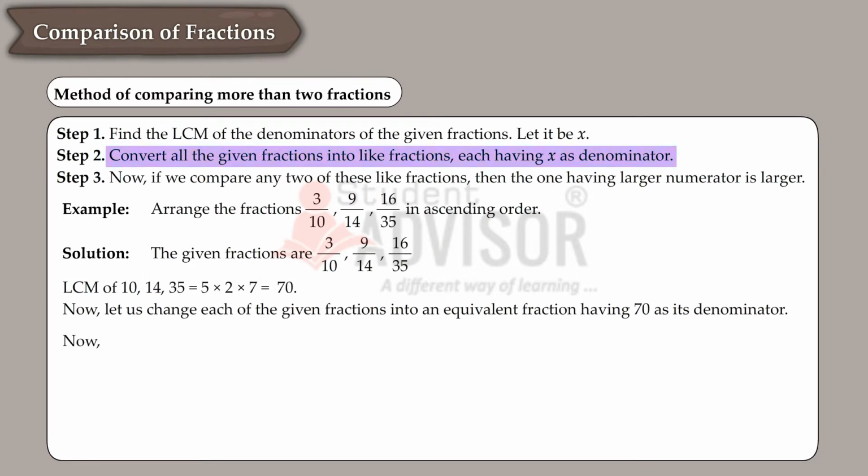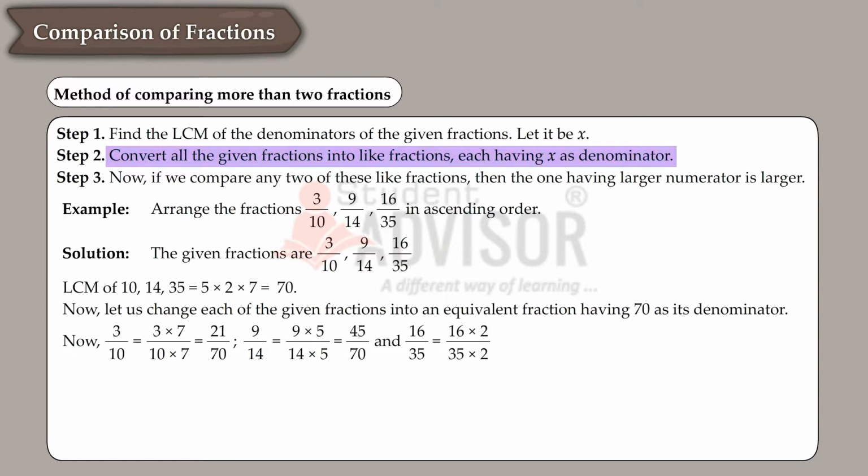Now, 3 by 10 is equal to 3 multiplied by 7 by 10 multiplied by 7, which is equal to 21 by 70. 9 by 14 is equal to 9 multiplied by 5 by 14 multiplied by 5, which is equal to 45 by 70, and 16 by 35 is equal to 16 multiplied by 2 by 35 multiplied by 2, which is equal to 32 by 70.